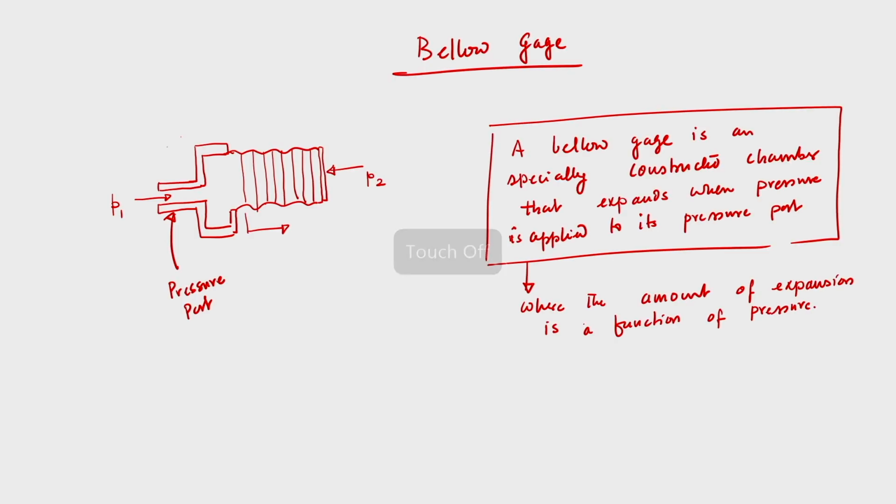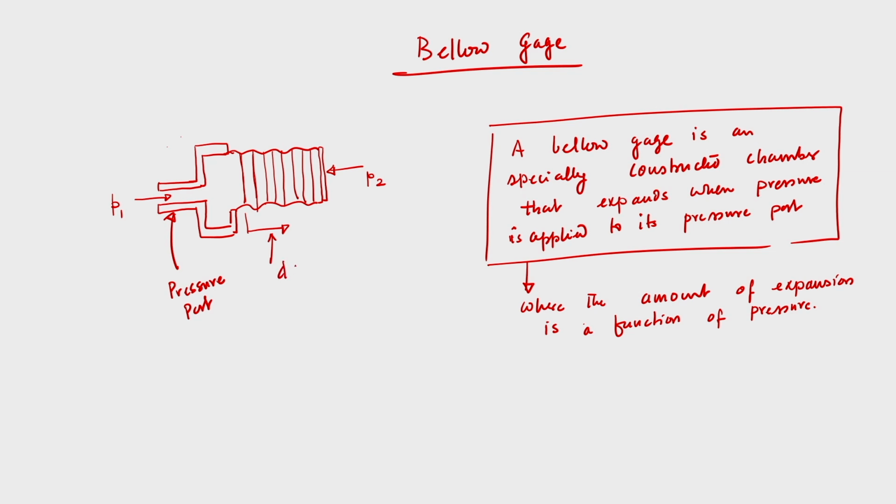So, these are the bellows, and with time it will expand, that is what we have seen from the few lines we have drawn. So, with time it is expanding. Now, the arrow shows the movement of the bellows under the application of pressure.